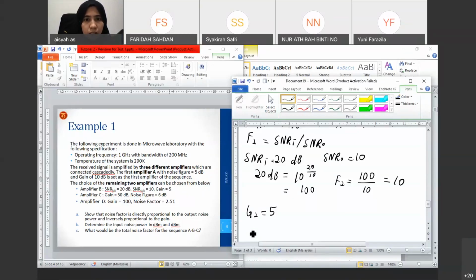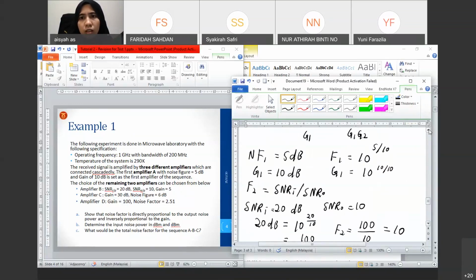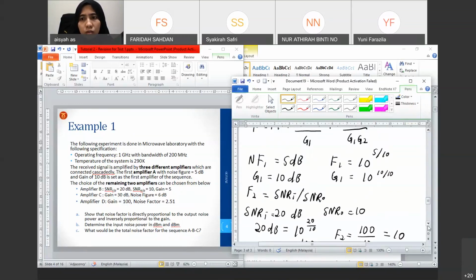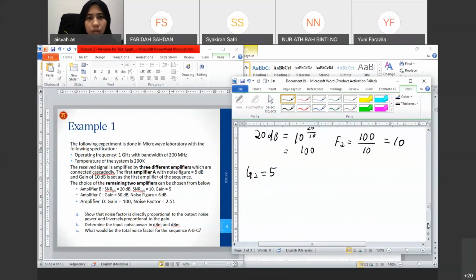And because the Friis formula only goes until F3, we need to get the F3. So the F3 is from the noise figure, 6 dB. So you need to change 6 over 10.